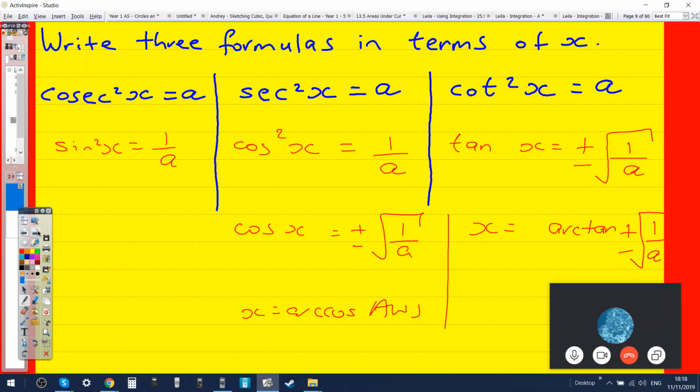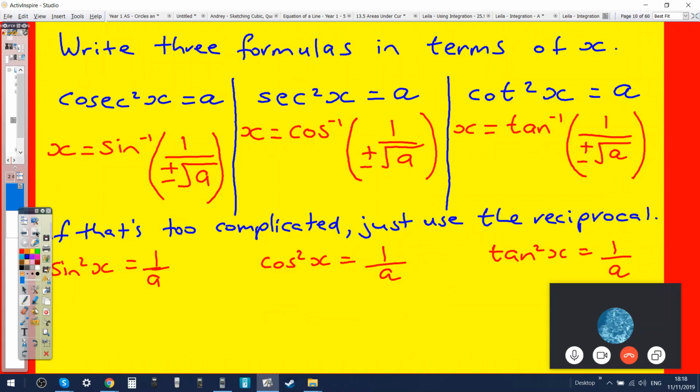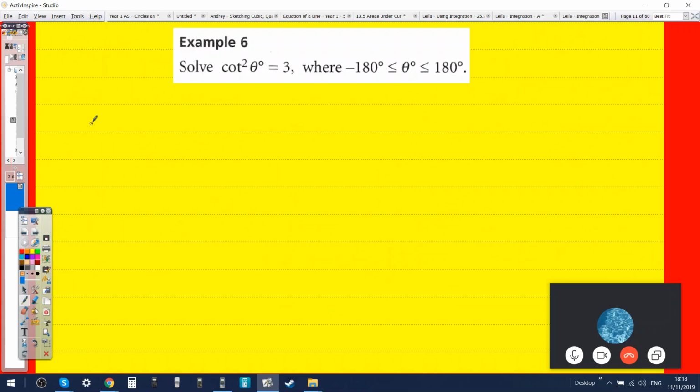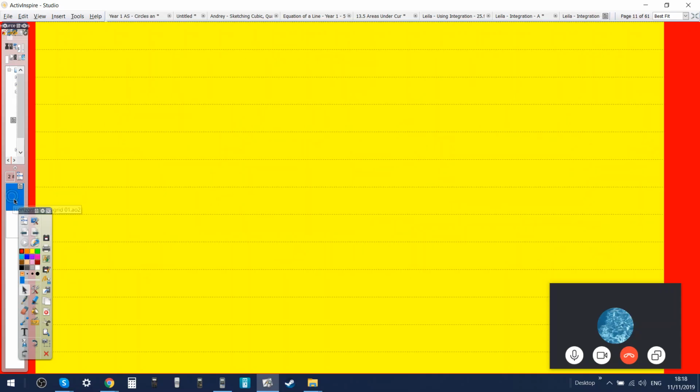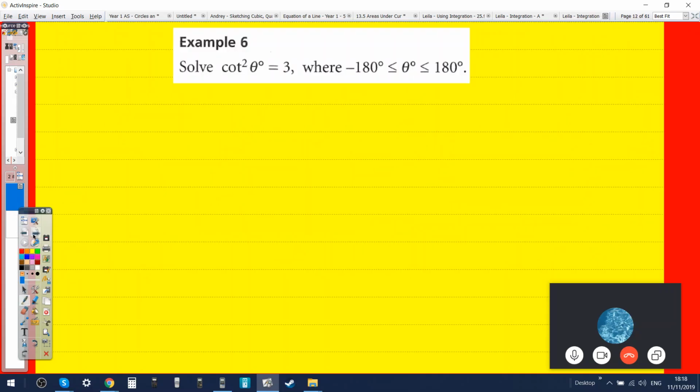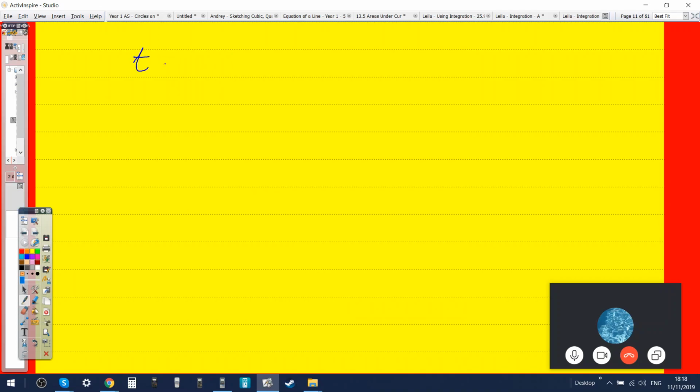What's that called? Well, that is technically what cot is. So you can imagine, how would you solve this? Tan x is equal to 3. So you do x equals arctan 3. Yes. You would not do sin x over cos x is equal to 3. That would be more complicated, even though this is true. Yeah. Okay.